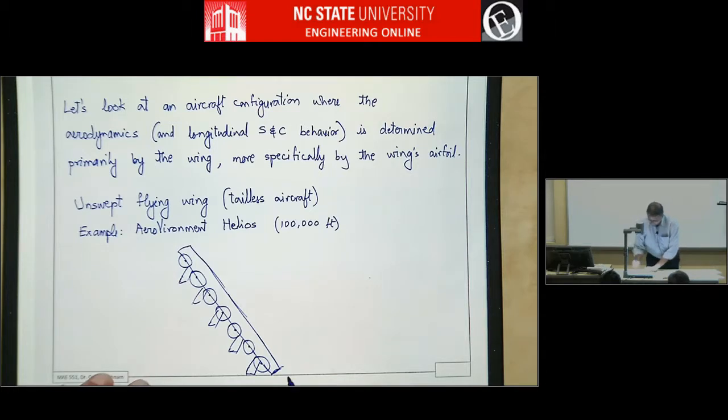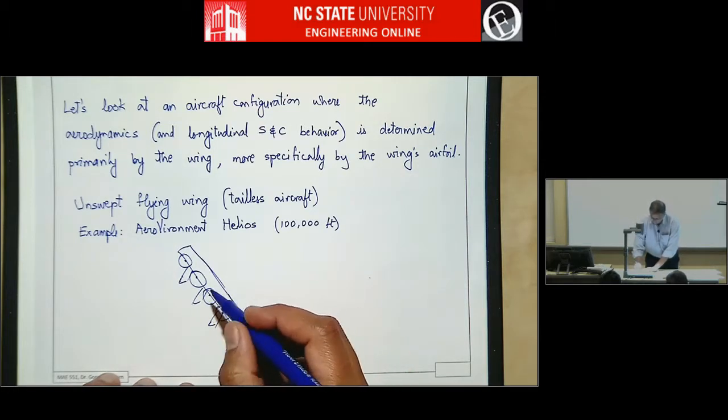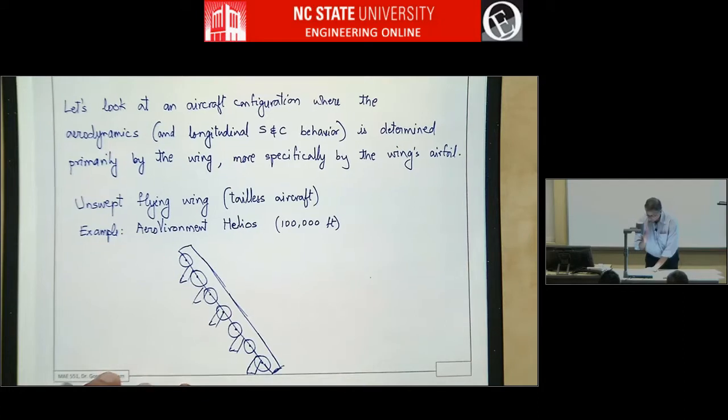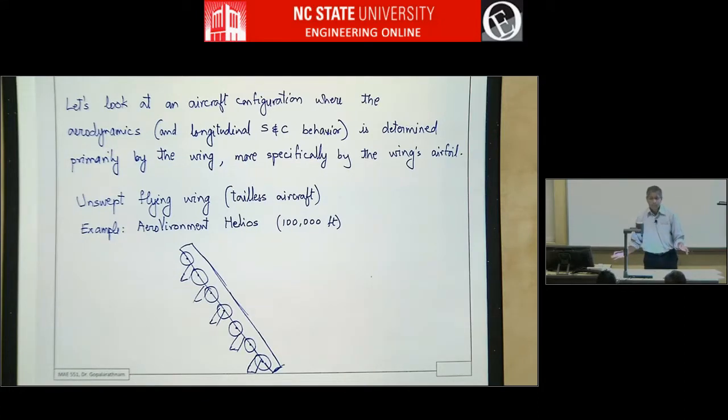So the Helios is a flying wing. Essentially there is no tail, there's not even sweep to the wing. It's just a constant chord, unswept flying wing.